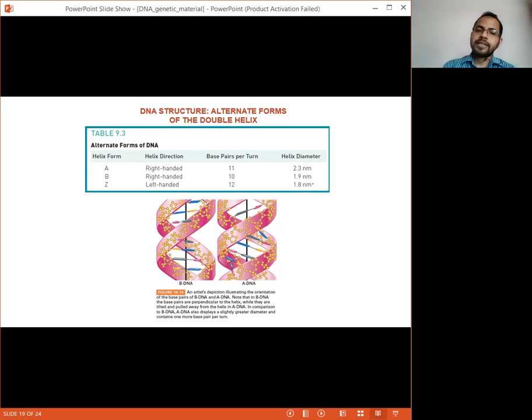A DNA is right-handed and B DNA is also right-handed, but Z DNA is left-handed, which we know has a zigzag orientation.